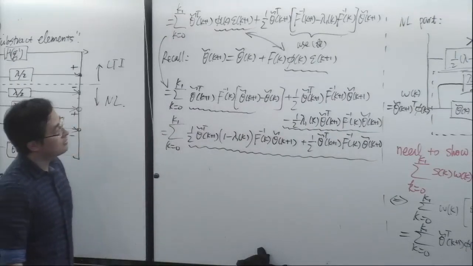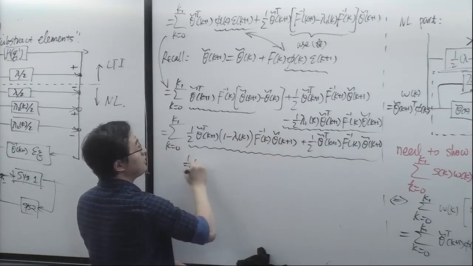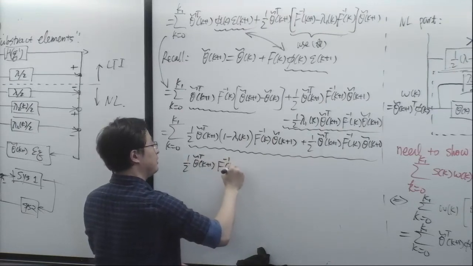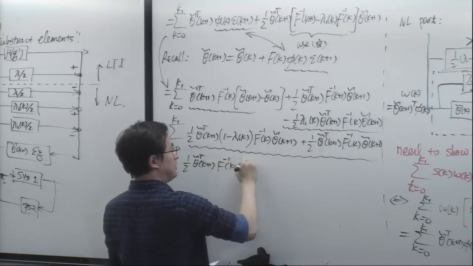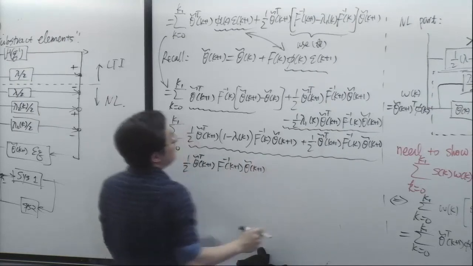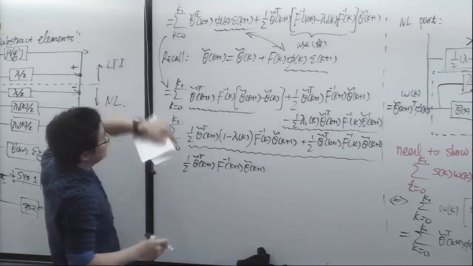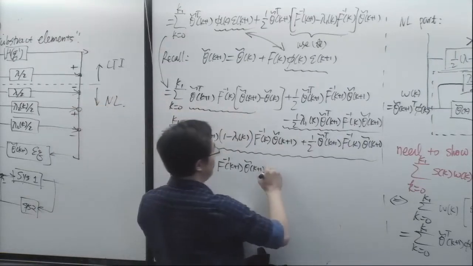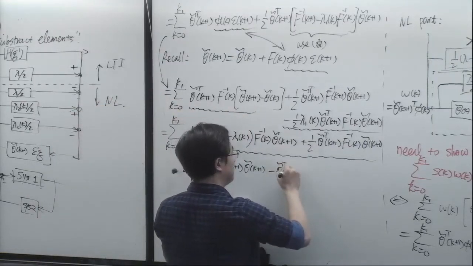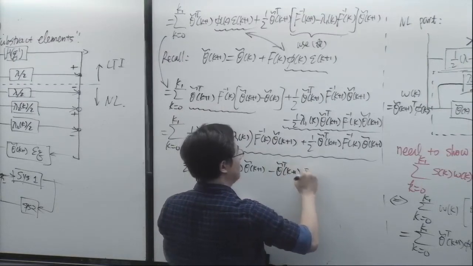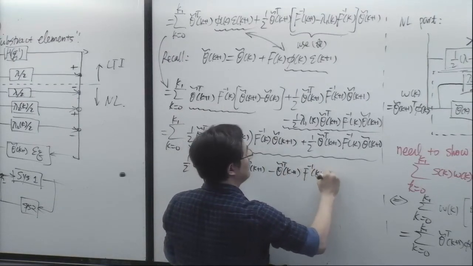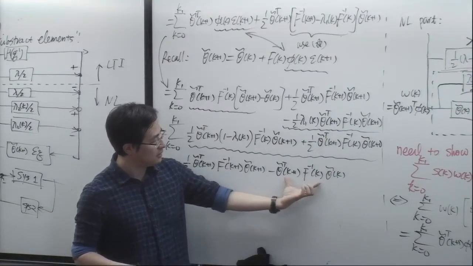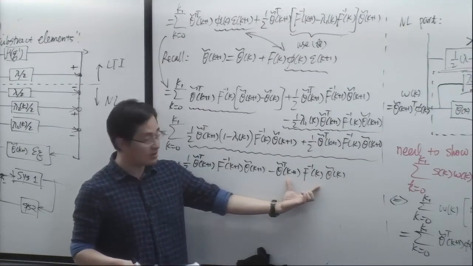For the remaining, we have half of theta tilde transpose F inverse, and then I have 1 minus this cross product. This term is still not so friendly. Let's do the same thing again we did last time.